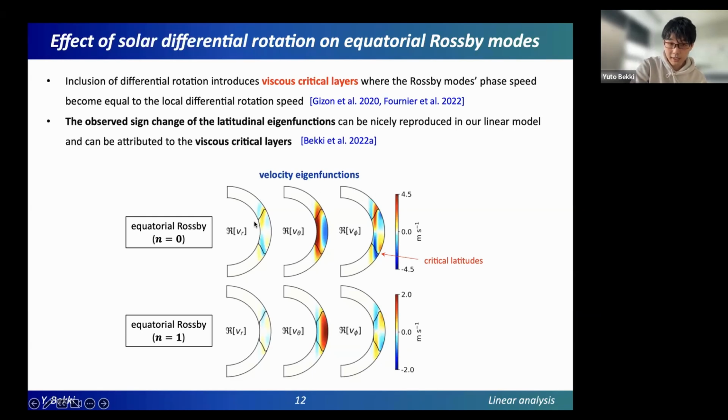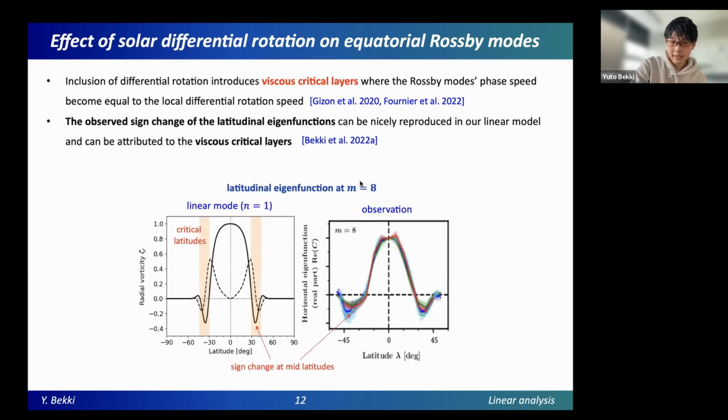We can also see that substantial radial motions are driven there around the critical latitudes, even though the equatorial Rossby modes are quasi-toroidal in the ideal case. And this has a substantial implication because it leads to substantial Reynolds stresses around these critical layers.